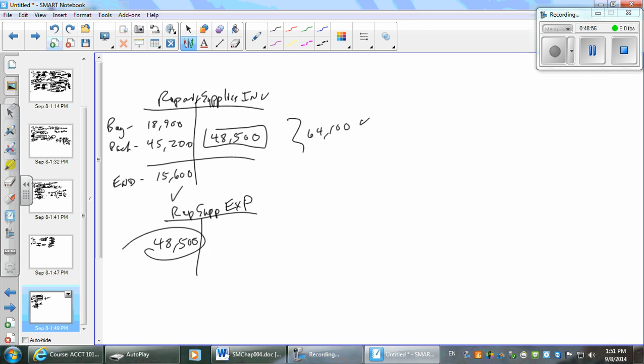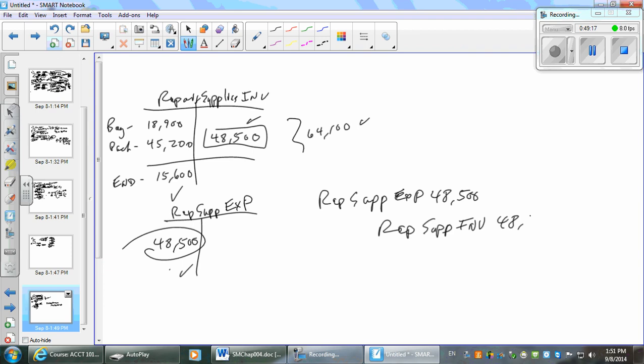So my entry is debit repair supplies expense, 48,500. There we go. And credit repair supplies inventory. I hope all these start seeming like they're exactly the same thing, because they are. We're just doing the same process over and over and over, just deferrals and accruals.